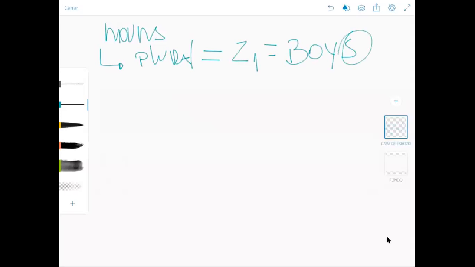That one is a Z1. So in its analysis would be free morpheme boy, and the other one would be a bound morpheme, suffix, inflected, Z1, right? Now, we have irregular plurals as well.